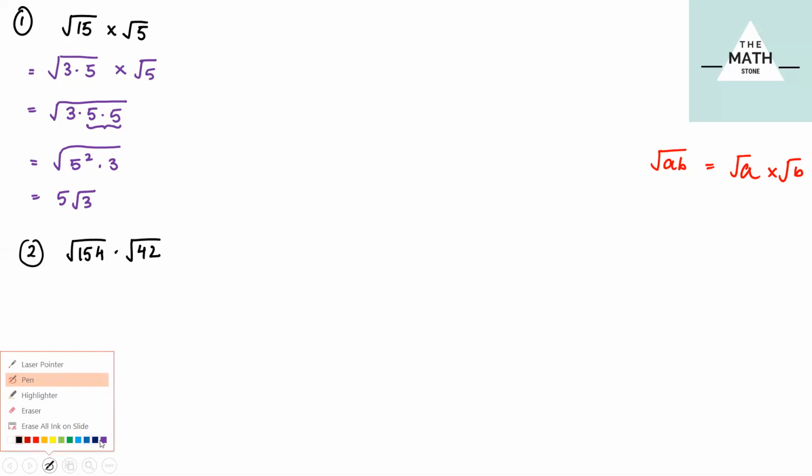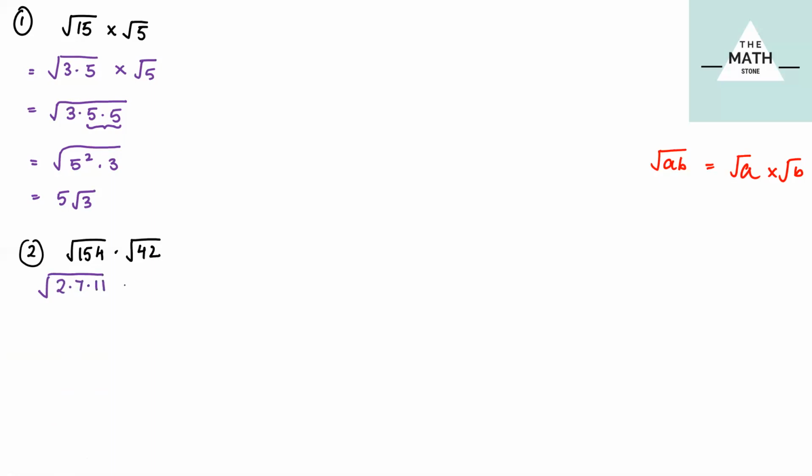First, we'll find the prime factorization of each radicand. 154, if you find its prime factorization, you'll get 2 times 7 times 11. Then 42 is 6 times 7, and 6 is 2 times 3, so 2 times 3 times 7.